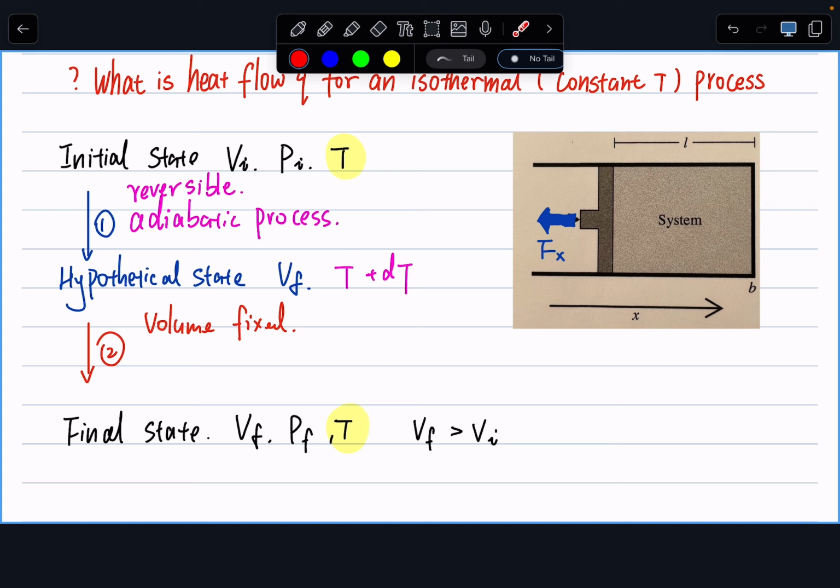All right. And something else we need: we know that for the overall process, steps 1 plus 2, the total internal energy change for my ideal gas must equal 0 because it's isothermal. My internal energy only depends on temperature. So the total delta U must equal 0, and this equals delta U1 plus delta U2.